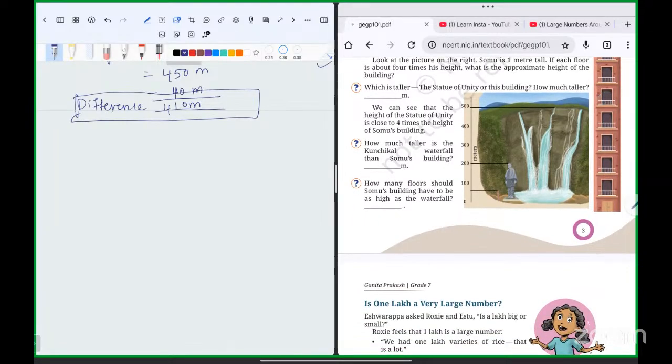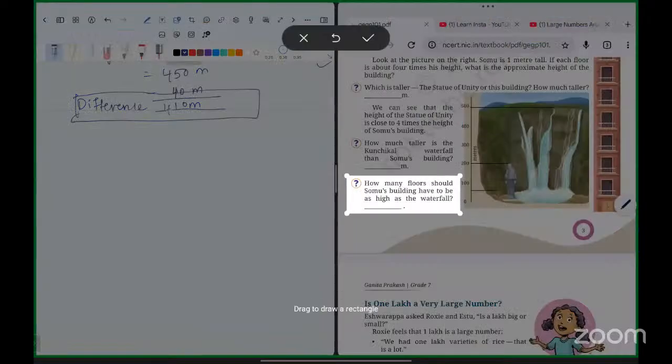How many floors should Somo's building have to be as high as the waterfall? So this is an interesting question and different from the previous questions. Let us take the question.